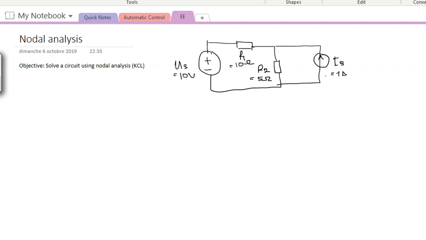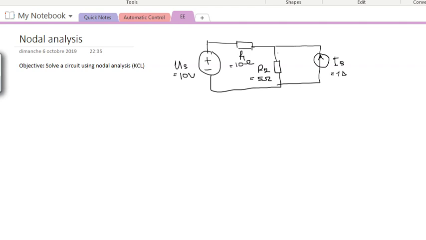So what do we need to find now? The thing we need to find in a circuit is, of course, the voltages and the currents across the whole circuit. First, let's identify which voltages and currents are not available and that we have to find.